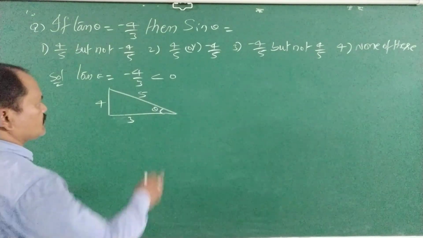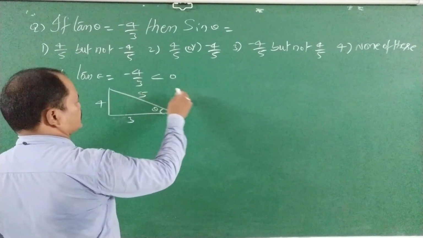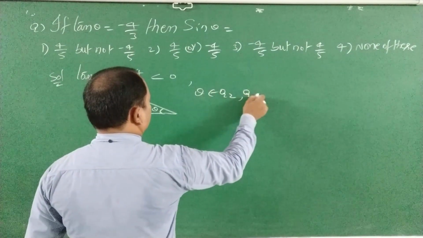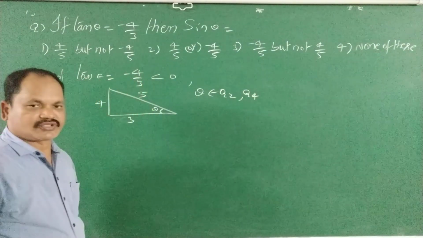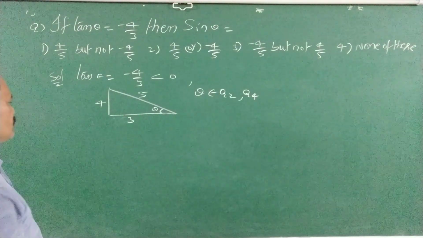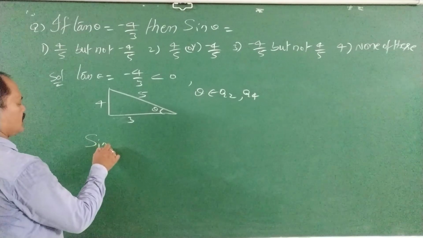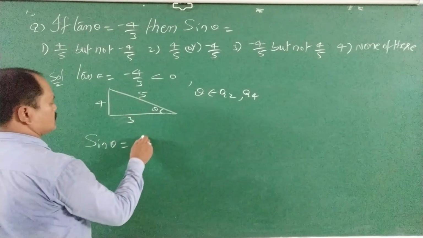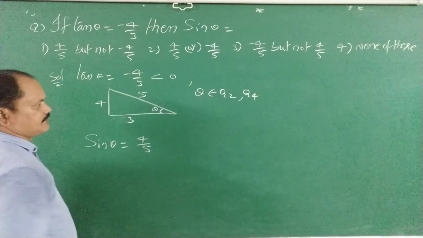Now from this, since tan theta is negative, theta belongs to Q2 or Q4, the second quadrant or fourth quadrant. That's why we have to find the value of sin theta. Sin theta is opposite side by hypotenuse, that is 4 by 5.